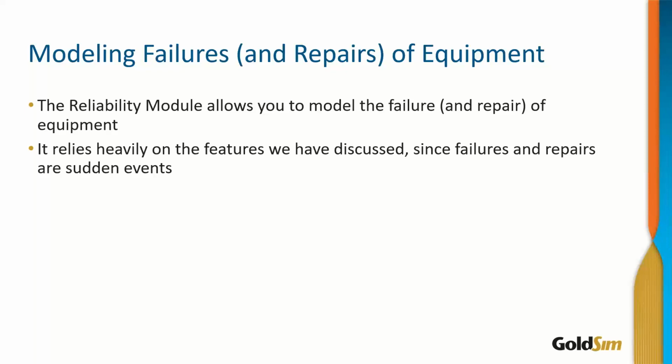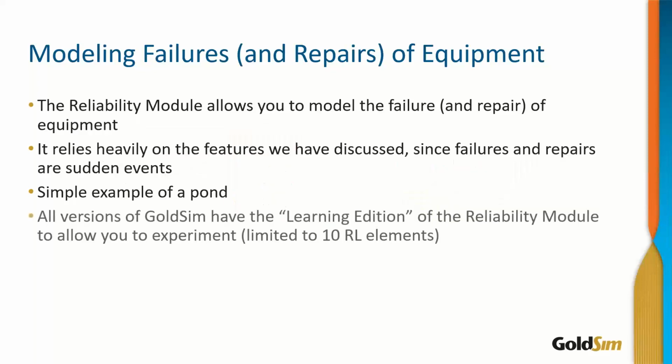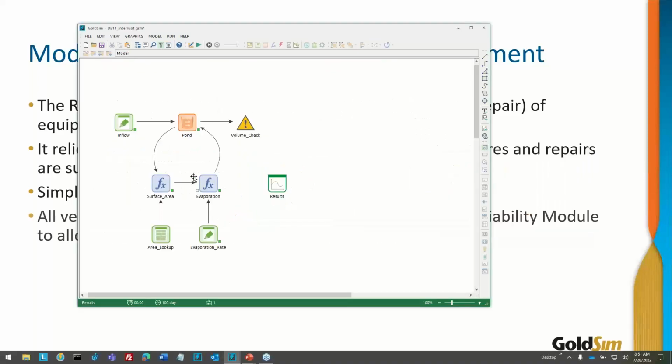So GoldSim allows you to model random failures of equipment, right? It relies heavily on the features we just discussed, since failures are sudden events. The pump failed suddenly. So let's look at a simple example of a pond that's modeling failures.